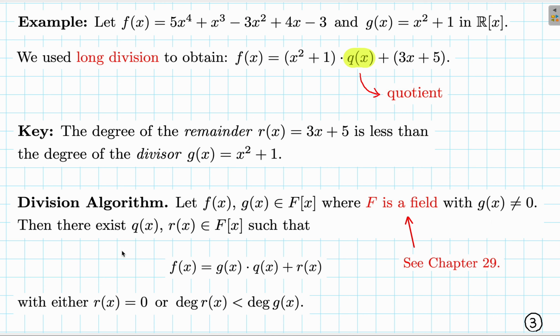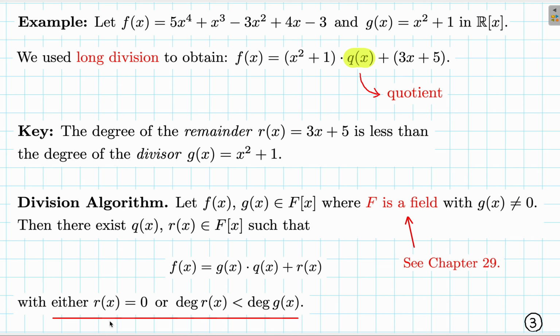And the theorem states that there exist a quotient q of x and a remainder r of x such that f of x is g of x times q of x plus the remainder r of x, with an important restriction on the remainder polynomial r of x.